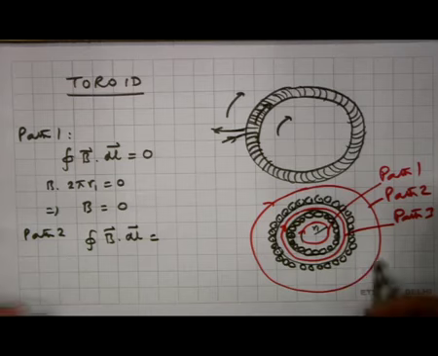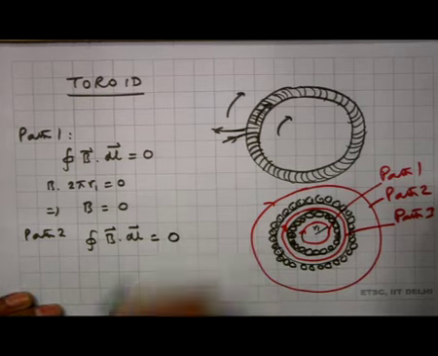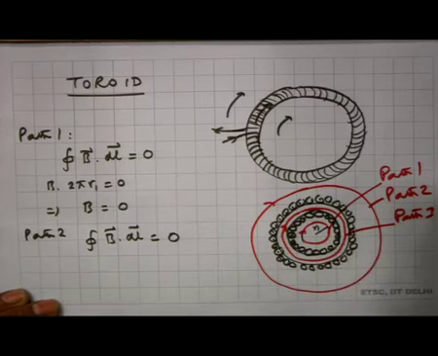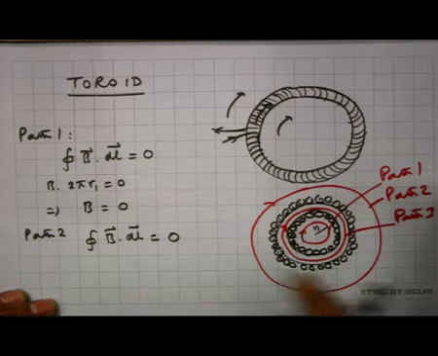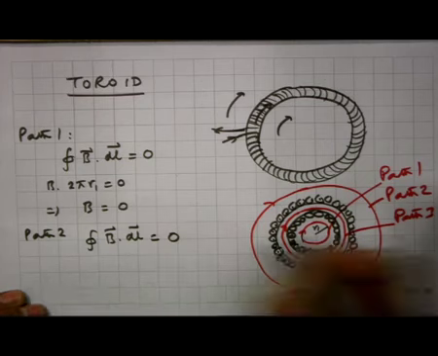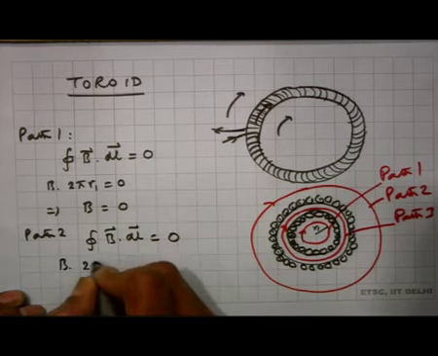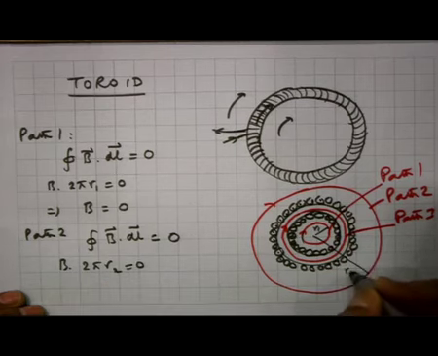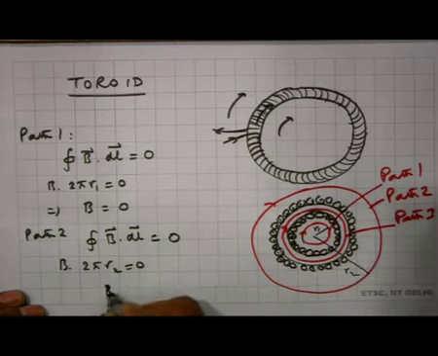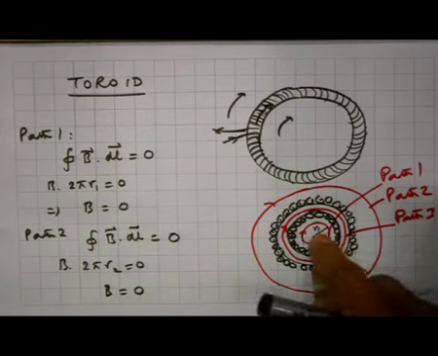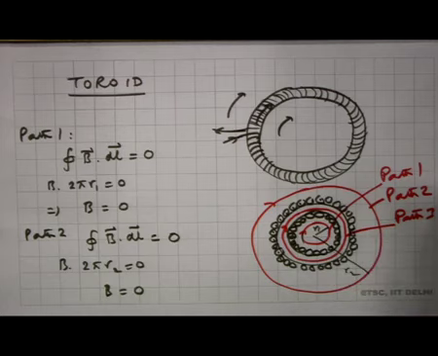So, the net current enclosed by path 2 must be 0. There are as many current carrying conductors coming towards me as going inside. So, the net current enclosed by this loop is 0, and again I can integrate this and get B times 2 pi r2 equal to 0, when r2 is this radius. So I get B equal to 0. So, inside and outside the toroid, the magnetic field is 0.